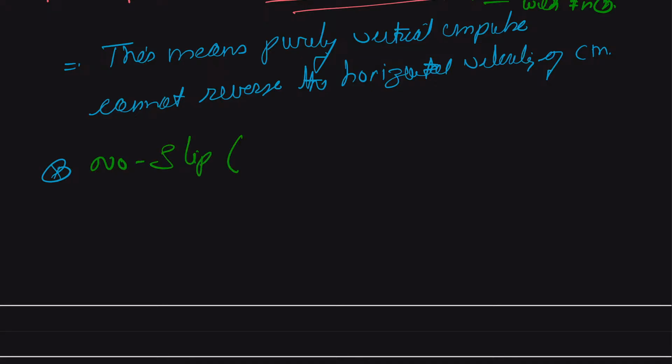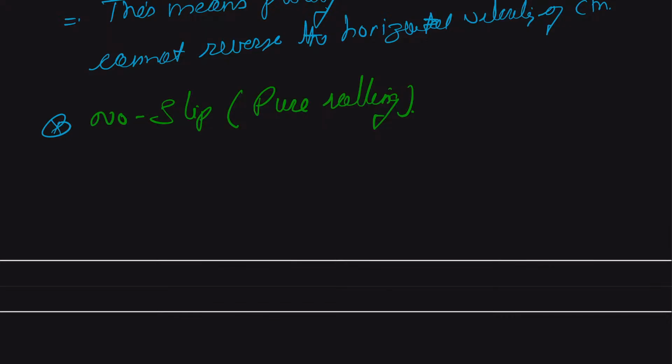For that we can write that the ball spins so that the contact point velocity is 0 just before the impact.